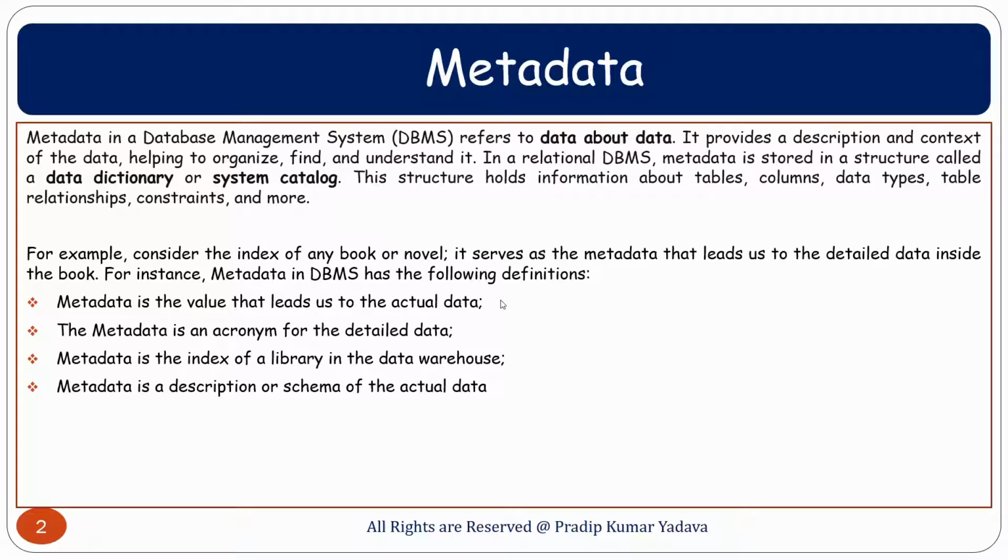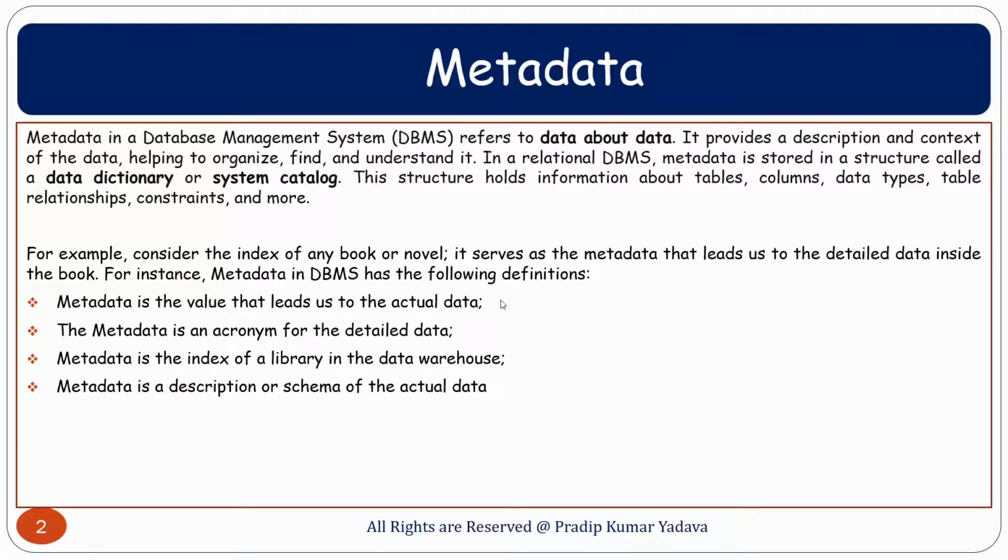In a relational database management system, metadata is stored in a structure that is called a data dictionary. The other name of data dictionary is system catalog. So a system catalog or data dictionary contains the metadata, and metadata contains the information about data, or we can say data about data.